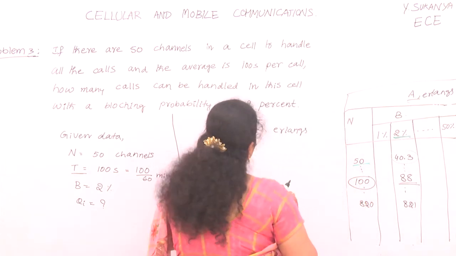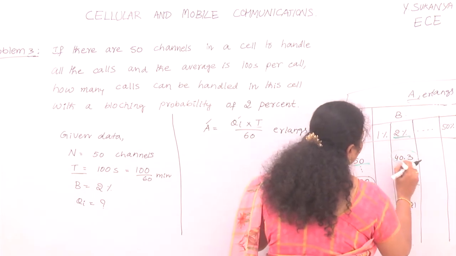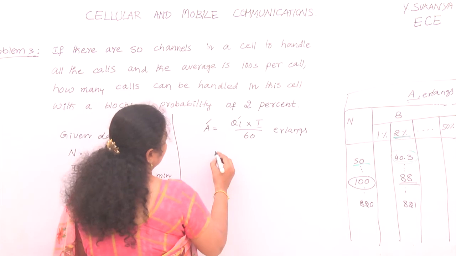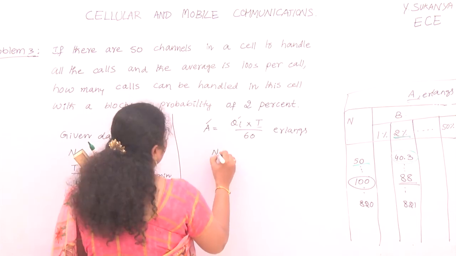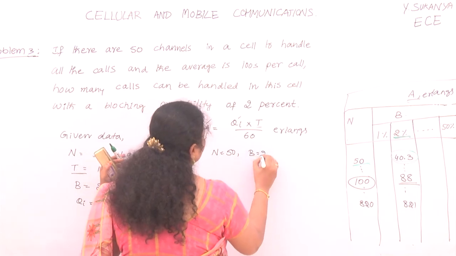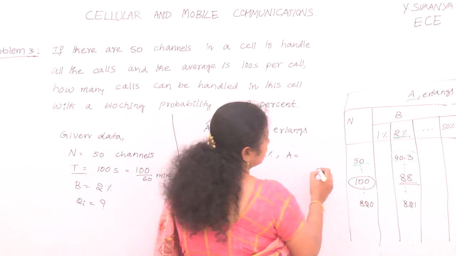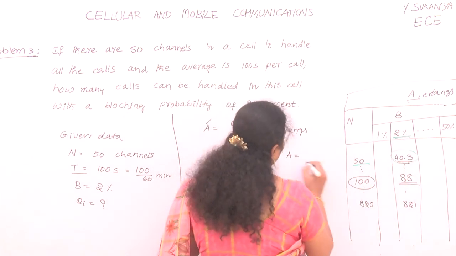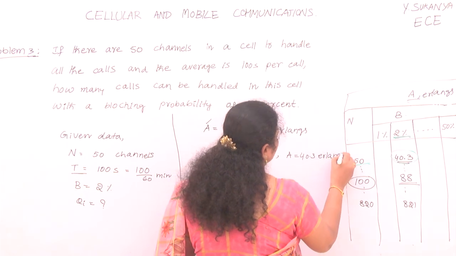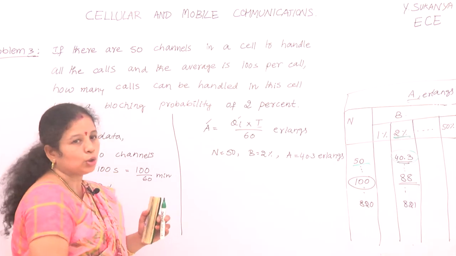Okay, so the offer load required for that system is about 40.3. For N equal to 50 with B equal to 2%, the offered load is about 40.3 erlangs. Then using this we will be calculating the Qi.